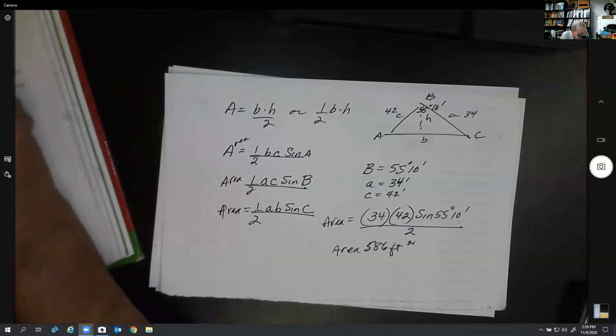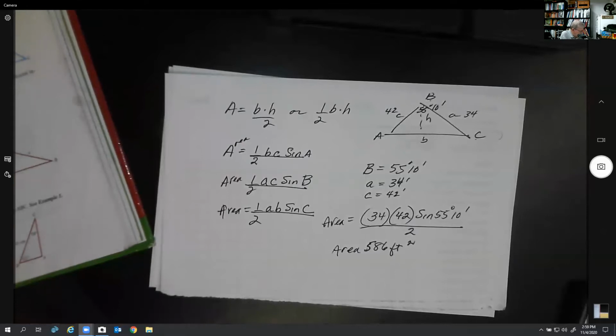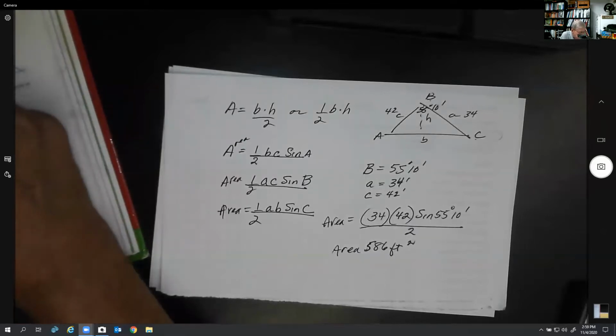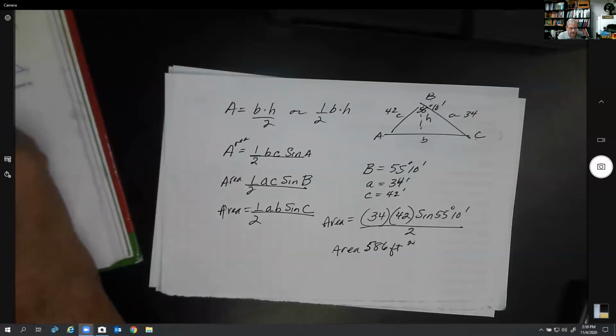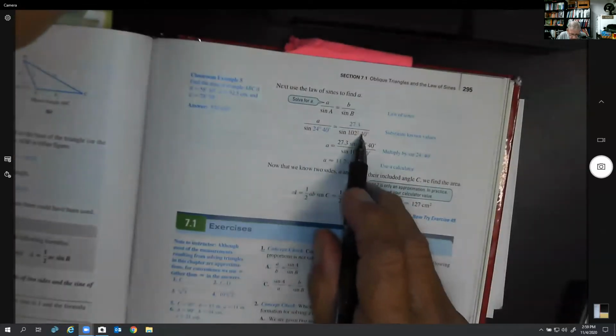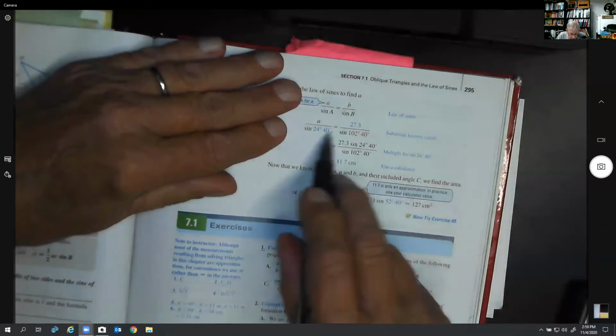They were finding side A, and then they were trying to find the area by using the angle between those two, between A and B is angle C. So they went ahead and used this one right here, 1/2 AB.